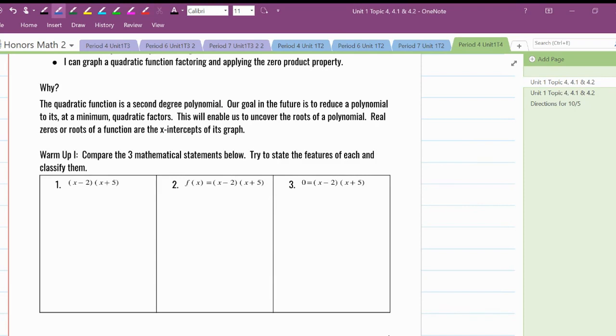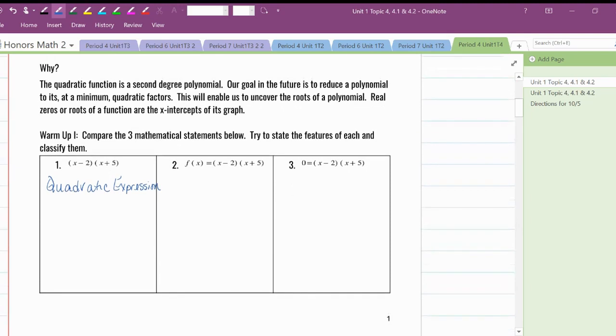All right, what I wanted you to focus in on this first warm-up is this is a quadratic expression. That it is in factored form.